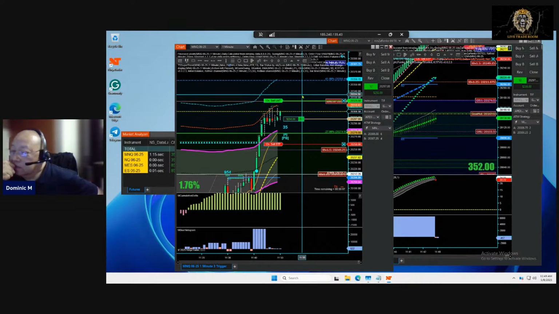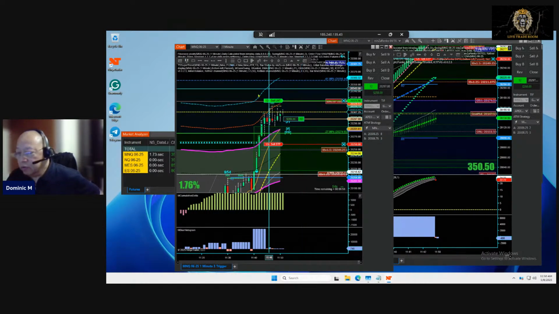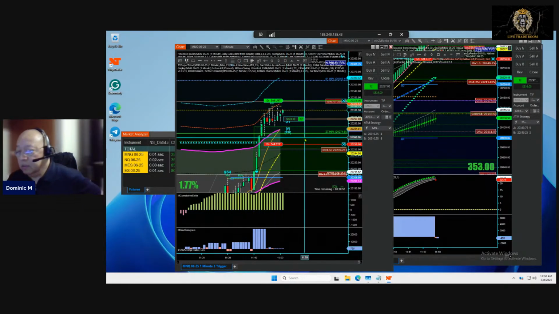There we go. 3. Make that one push. 3 seconds. They're going to close above the. Yep. Come on, continue making those higher. So we have 3 consecutive candles now closing higher than the previous bar.